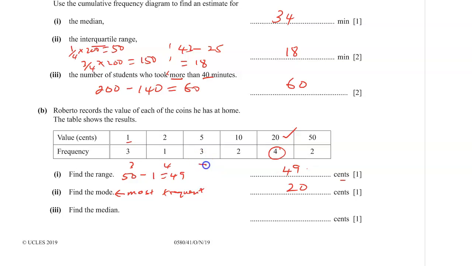This is 7. 4 plus 3 is 7. 7 plus 2 is 9. 9 plus 4 is 13. 13 plus 2 is 15. Therefore, the median is between here. So the median is 10.